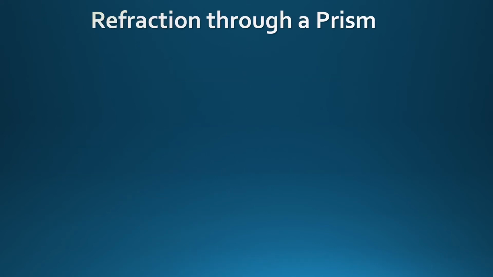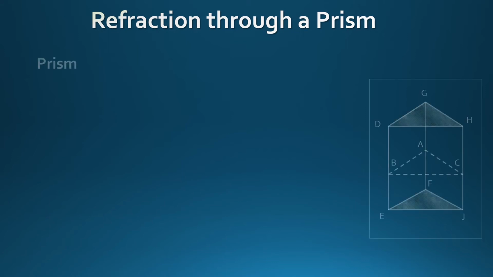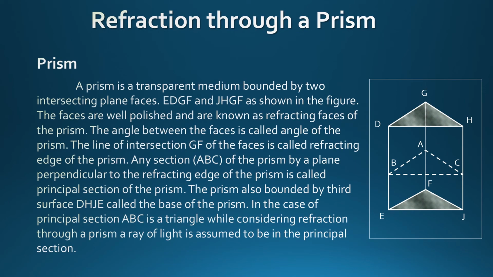Further, we'll study refraction through a prism. What is a prism? A prism is a transparent medium bounded by two intersecting plane faces, EDGF and JHGF. As shown in the figure, the faces are well polished and are known as the refracting faces of the prism.